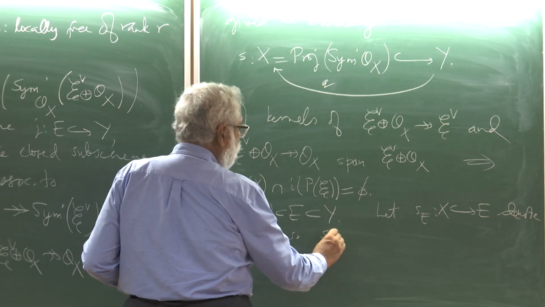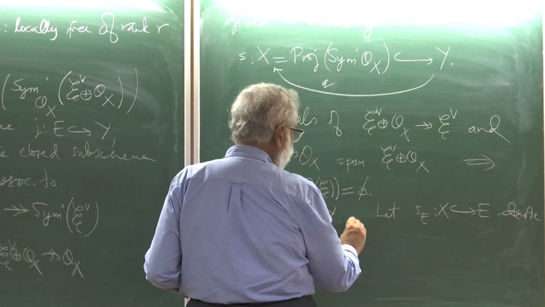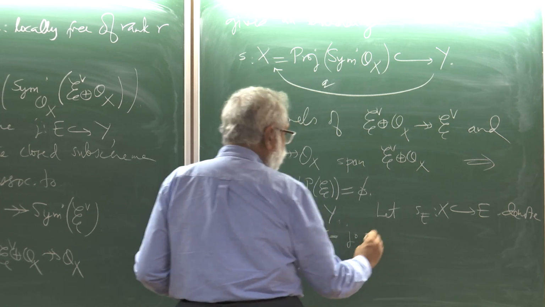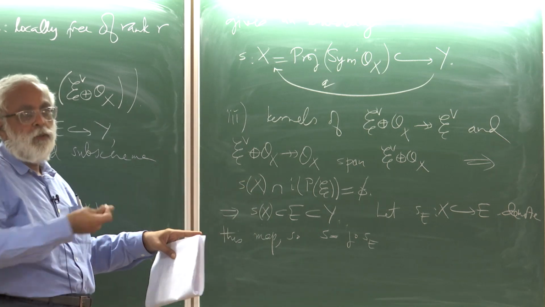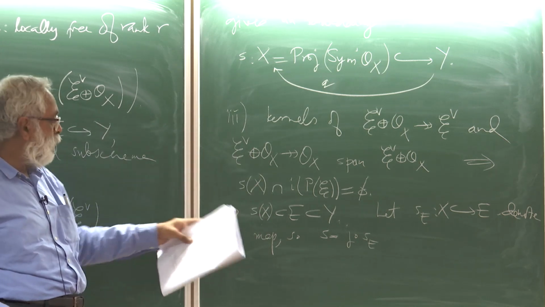So S is formally J composed with S_E. Now, as I first include X into E and then include E into Y as an open set, the composition is the original closed embedding.